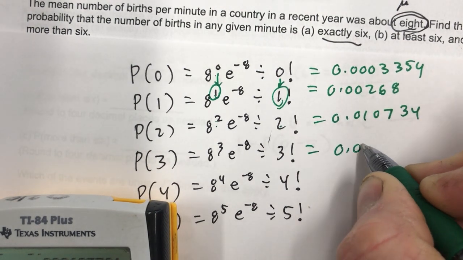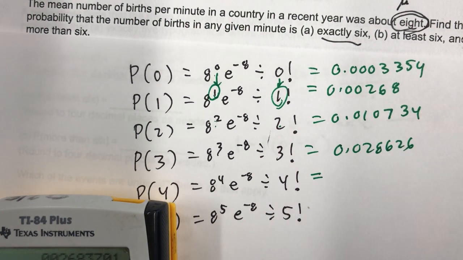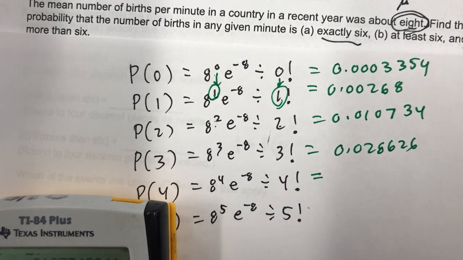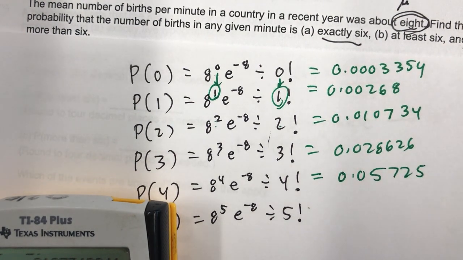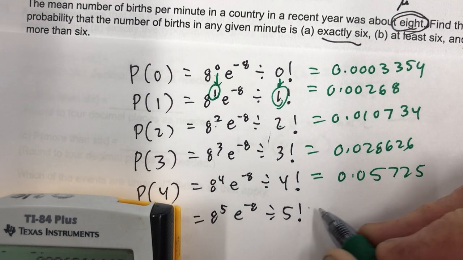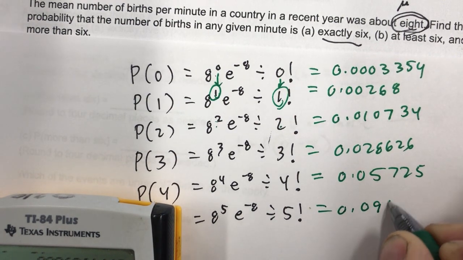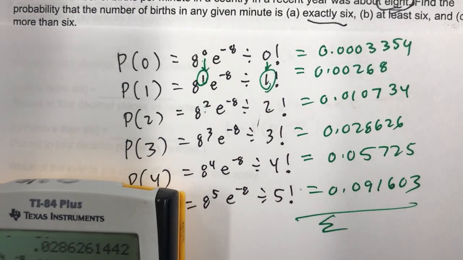This is going to be 0.028626. Change them to 4's. This is going to be 0.05725. And now for the last one here, change them to 5's. And this is 0.091603. And now I add all them up.